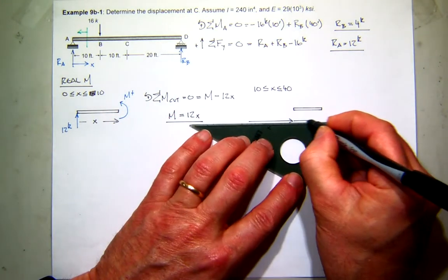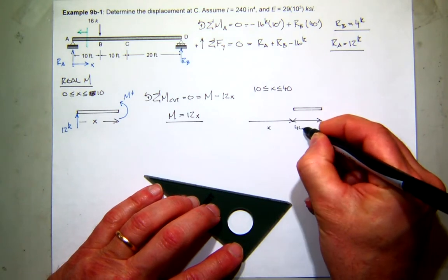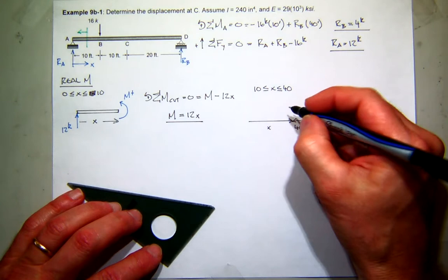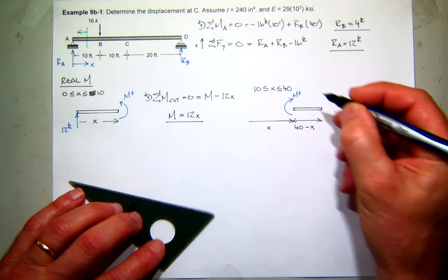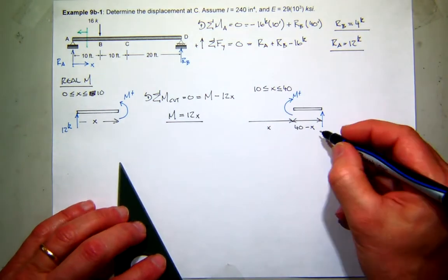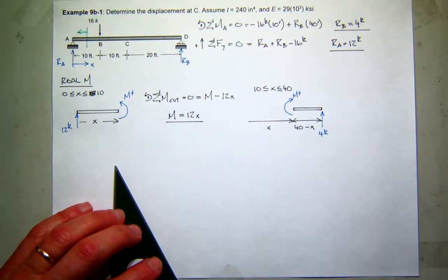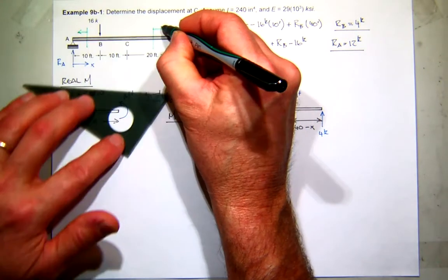So the remaining segment that I have here would be 40 minus x. At the cut, I still have positive moment. And on the right-hand side, my reaction at B was 4 kips. So I'm cutting it somewhere here and looking to the right side.